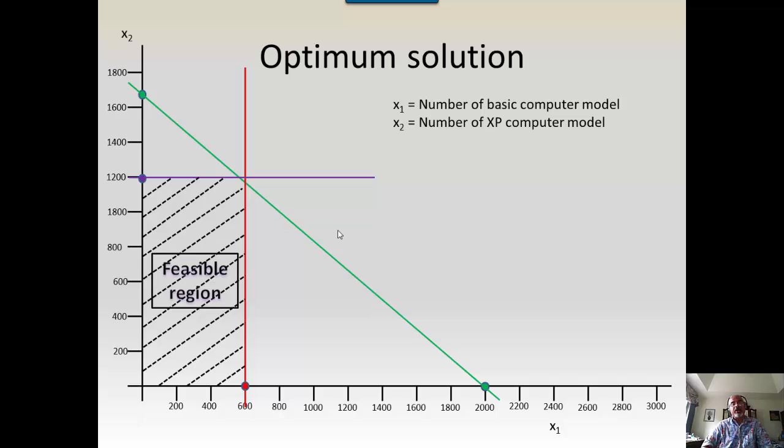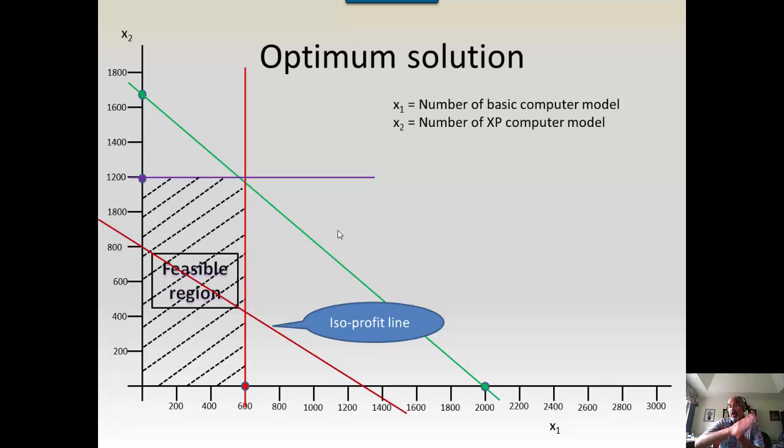So now we have to find the optimum solution. So we now bring back our ISO profit line. Now we can increase the ISO profit line, and we want to do that as much as possible but not leave the feasible region, because once you leave the feasible region, there is no point on the ISO profit line that represents a feasible point.